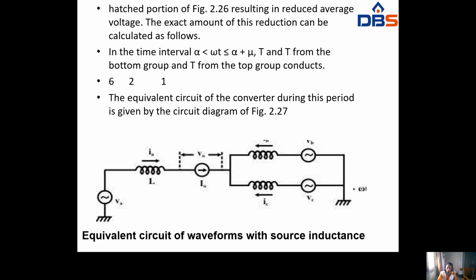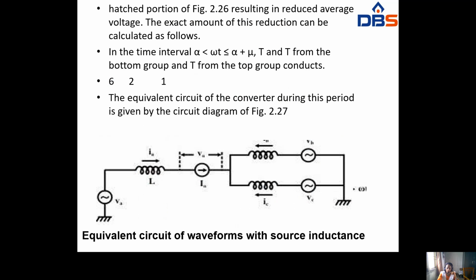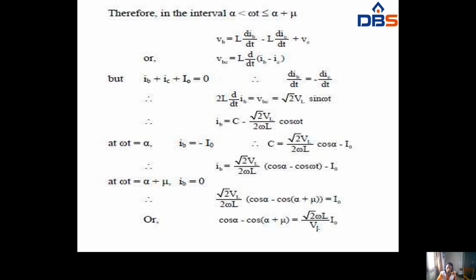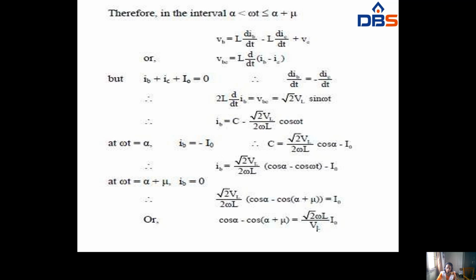So from this diagram we write VB equal to L into dIB by dt minus L into dIC by dt plus VC, and VBC equal to L into d by dt of (IB minus IC).